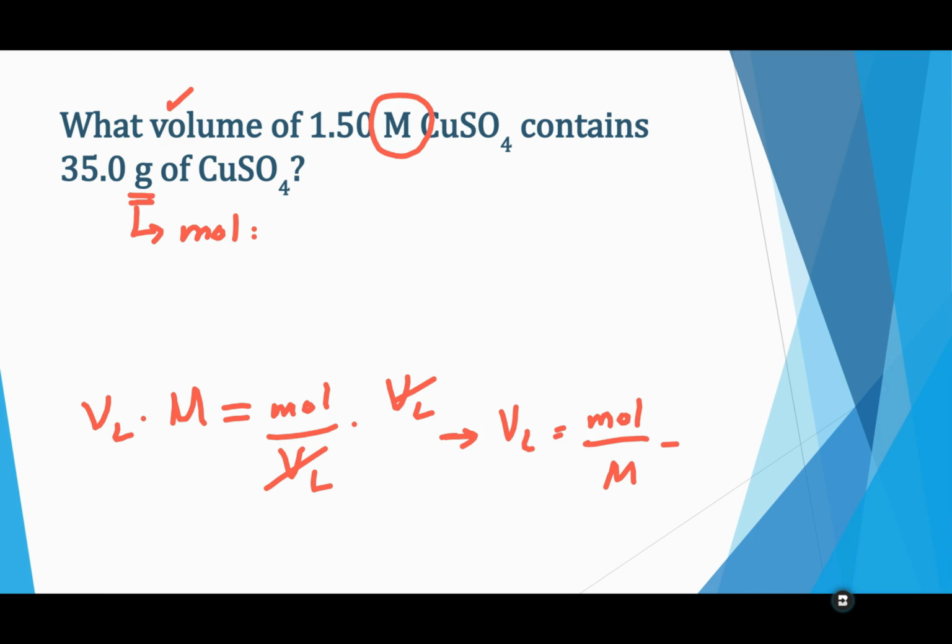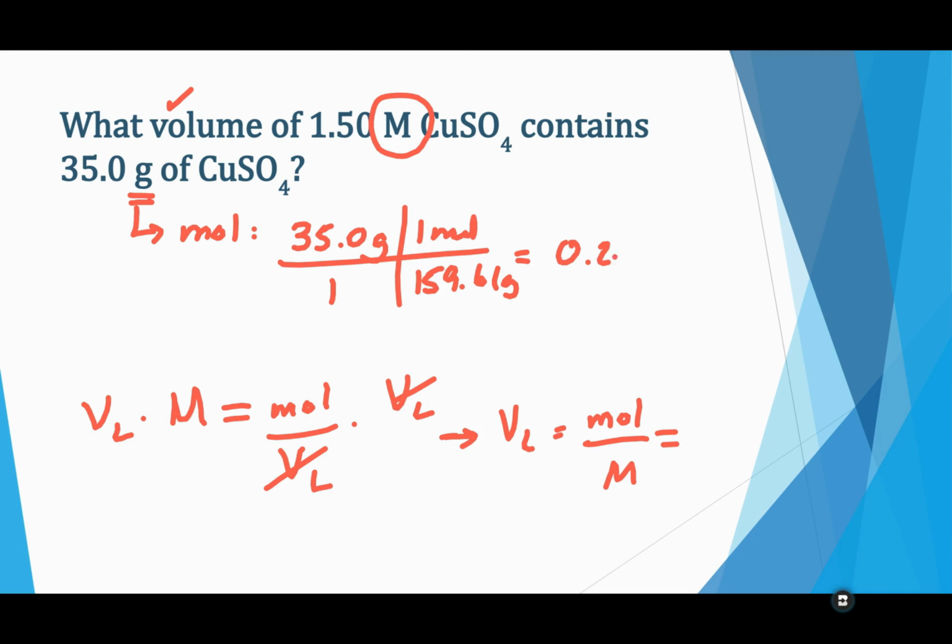So 35.0 grams over 1 times 1 mole over, let's see, 63.55 plus 32.006 plus 16 times 4, so 159.61 grams. So I end up with 0.219 something moles.